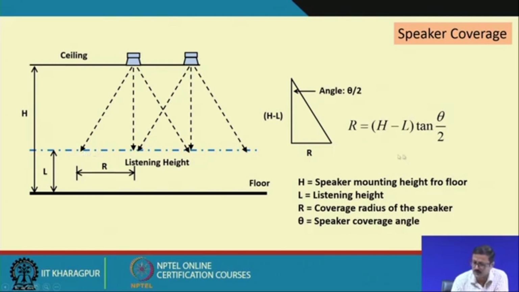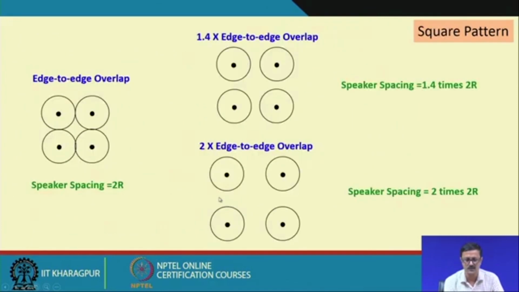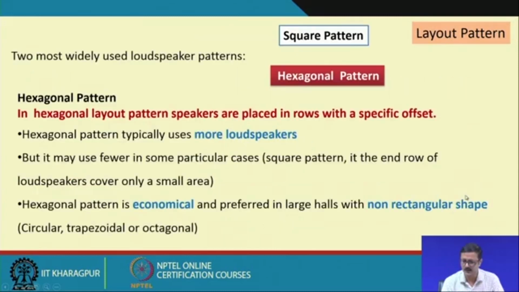With very simple trigonometric functions I can find this r equal to h minus L times tan theta by 2. If I can find the r, I can find all the spacings also; you just have to know the value of r.